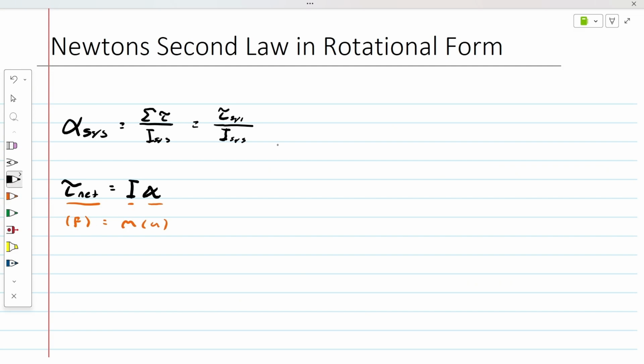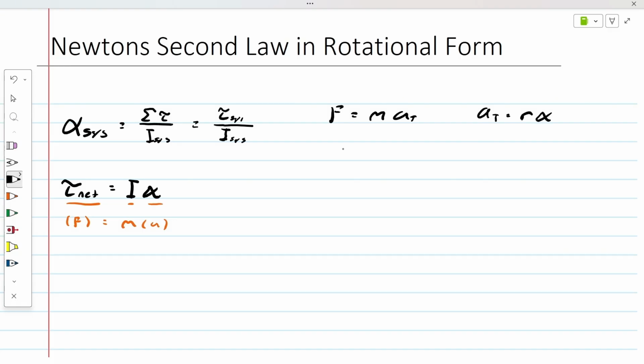And so we can actually use the second law to derive this equation. So let's do that. We know force equals mass times acceleration. And when we say acceleration, we're always talking about this tangential acceleration because we're moving in some linear motion. And so we know the tangential acceleration is just equal to r times alpha, the angular acceleration.